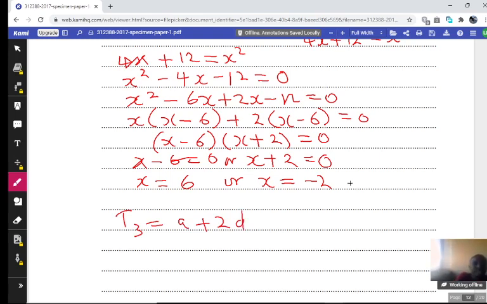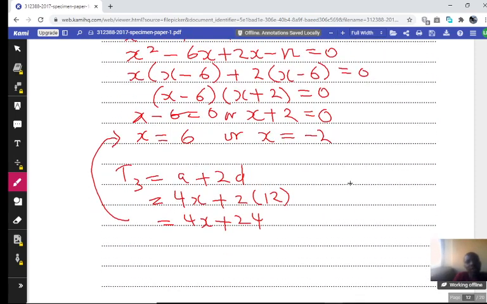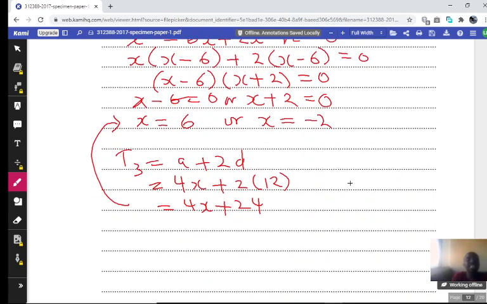Since we are given that a is 4x, term 3 is equal to 4x plus 2 times our d, the common difference we are given is 12, which is equal to 4x plus 24. Now we have to substitute these values of x.